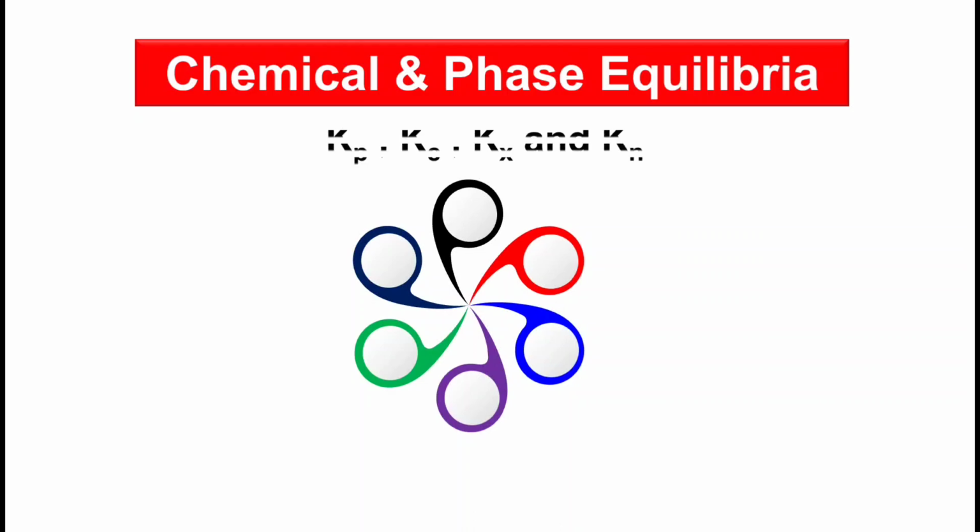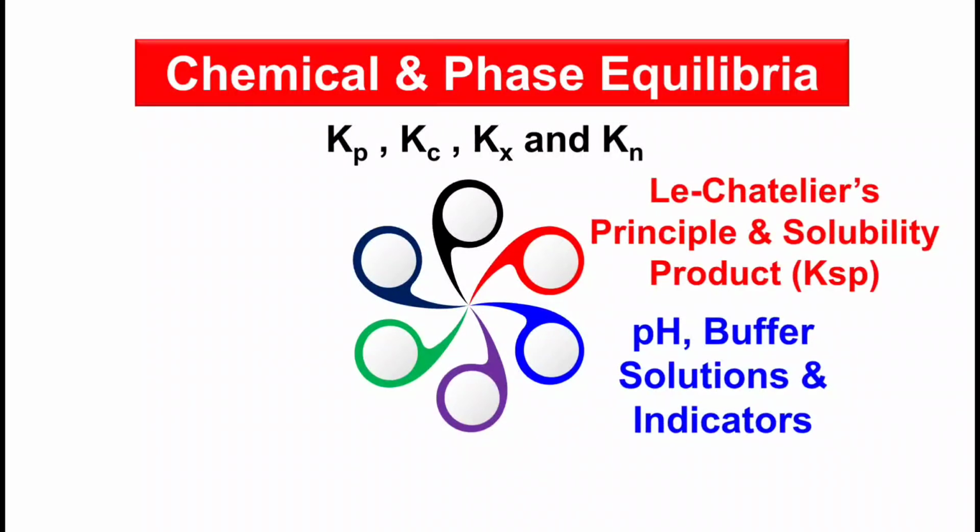In this topic, there are various equilibrium constants like Kp, Kc, Kx and Kn. These express the equilibrium reaction in terms of pressure, concentration and so on. Then we have Le Chatelier's principle and solubility product, that is called Ksp.